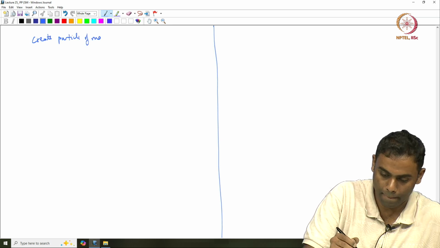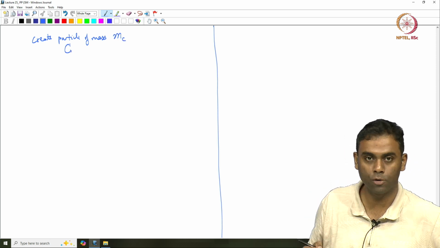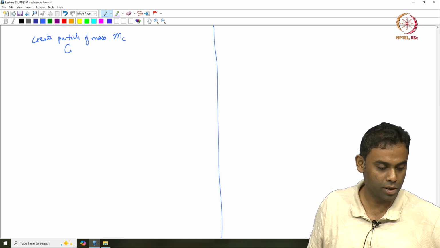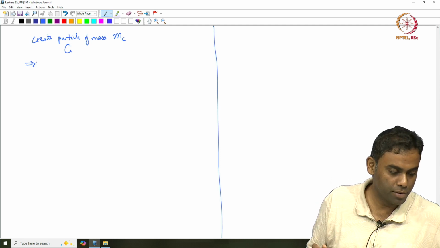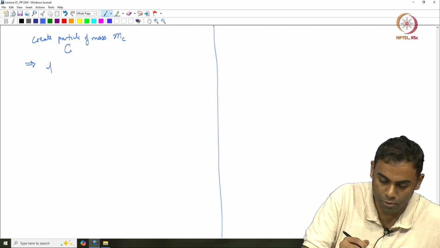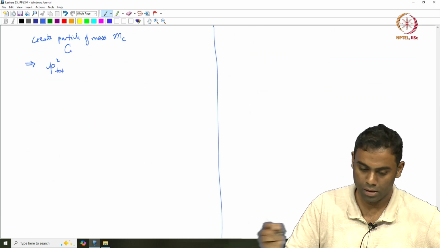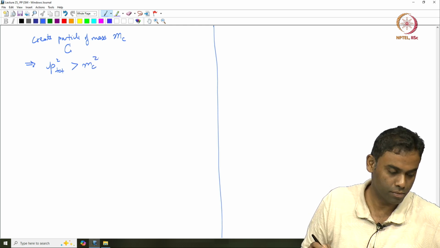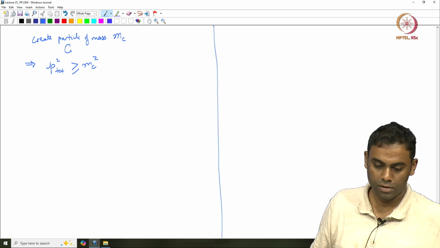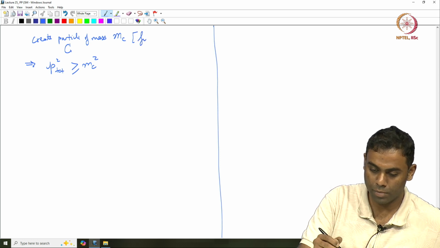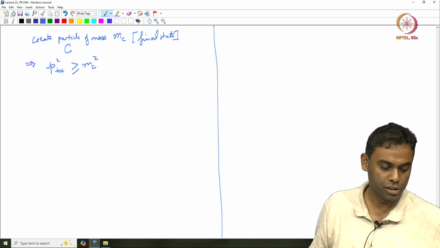In fact, I want to call it mass mc, and the particle species I am going to call C. Would you agree now that this would imply I want the initial momentum squared to be larger than or equal to mc squared? That is my condition, and let us see how this condition is satisfied in various situations.